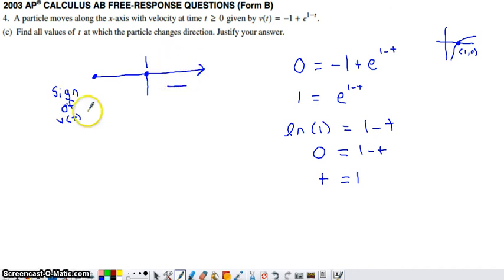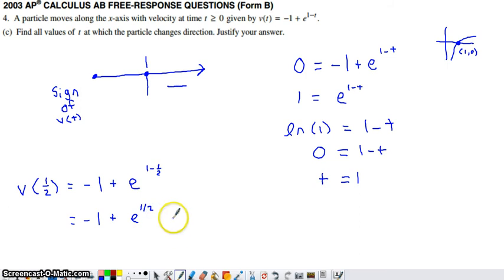And then on the other side, if you pick a value like 1/2, try to figure out what the velocity is at the t value of 1/2. So that's going to be equivalent to negative 1 plus e to the 1 minus 1/2. So that's equal to negative 1 plus e to the 1/2. So that's the square root of 2.7.